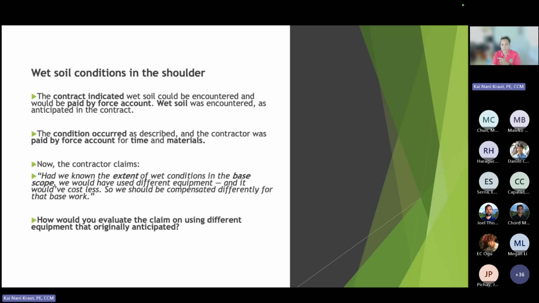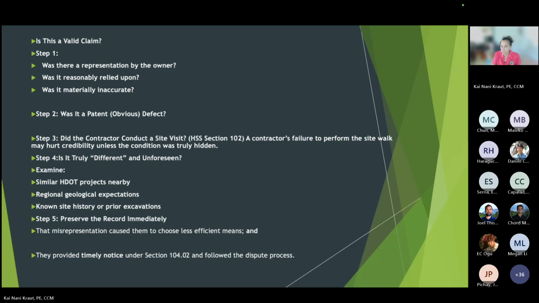So what is Kauai known for? Does it rain in Kauai? Yes, thank you. Being wet. So the representation in the plan said they're going to run into wet soil, and it told you you're going to treat it by force account.